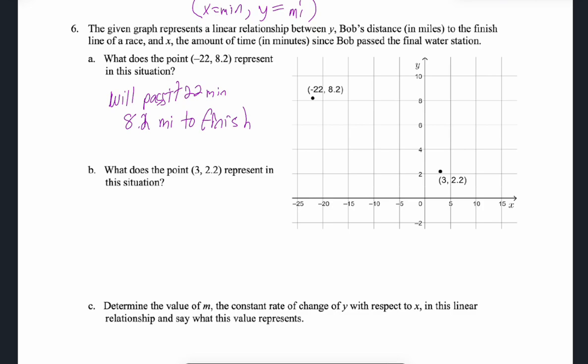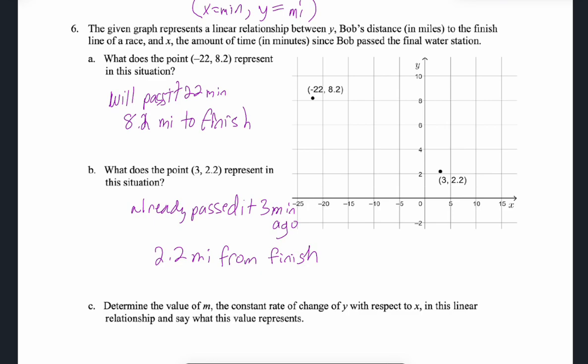He will pass the final water station in 22 minutes, and he has 8.2 miles to the finish line, because 3 means he already passed it. So he's 3 miles past it, a positive thing past it. 3 minutes ago. And he is 2.2 miles from the finish.